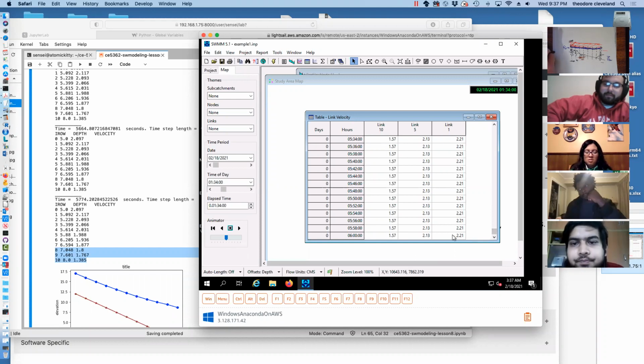Downstream most in SWIM is 1.57; we have 1.38. Somewhere in the middle, SWIM is 2.13; we're at 1.98, 2.03. And upstream most, we're at 2.11 and they're at 2.21. So again, close.